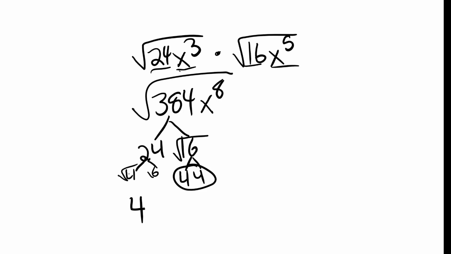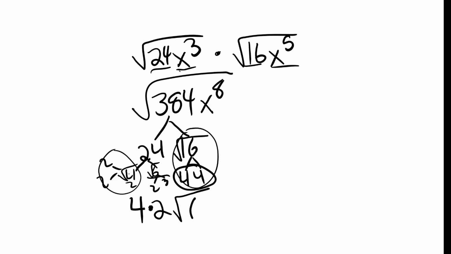The square root of 4 is 2, so I can also take a 2 out. You can also just get a pair of 2's by splitting it like that. 6 goes to 2 and 3, so nothing I can do there. Which means all that's left inside is, I pulled out this entire term, I pulled out this entire term, and only the 6 is left inside. And so that 8 root 6 is the square root of 384.